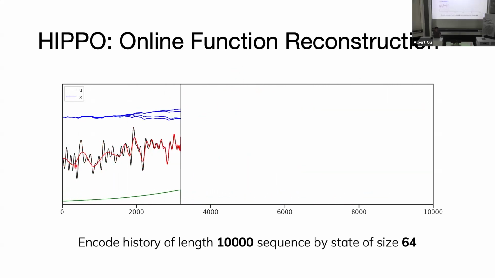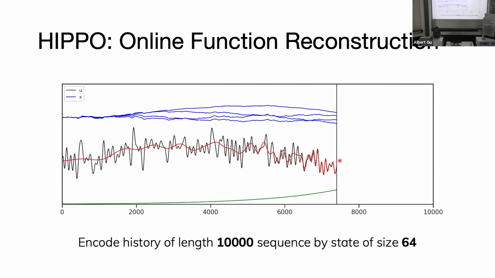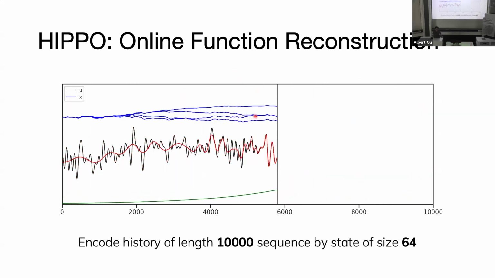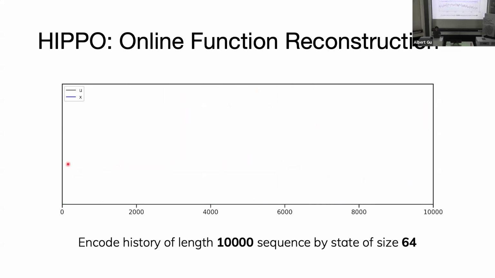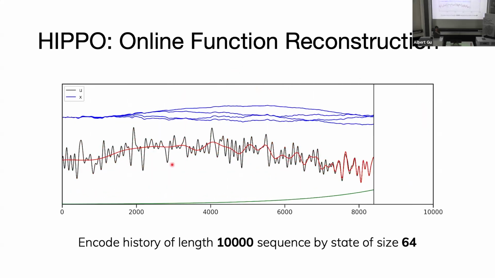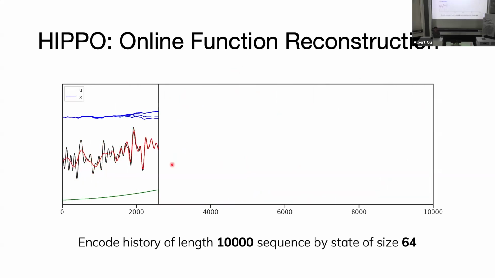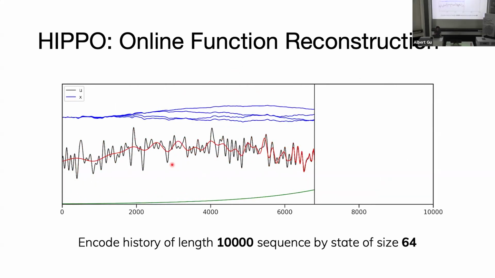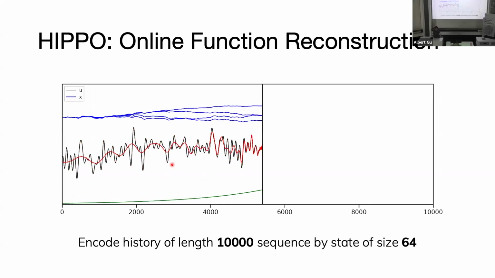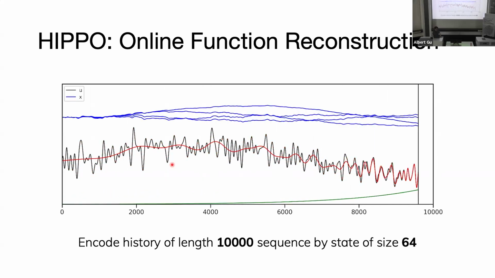So Hippo was about this question: if I see this sequence online and I'm compressing it into a finite representation, can I provably reconstruct the history of the sequence I've seen so far in some interesting way, or adhering to some constraints? I won't go too much into this, but there's a lot of interesting previous work that came out of this, and still a lot of interesting theory you can say for certain settings where you might care about these problems.